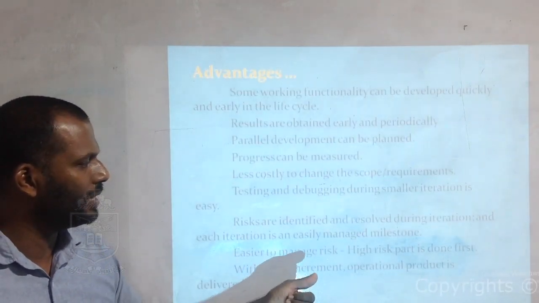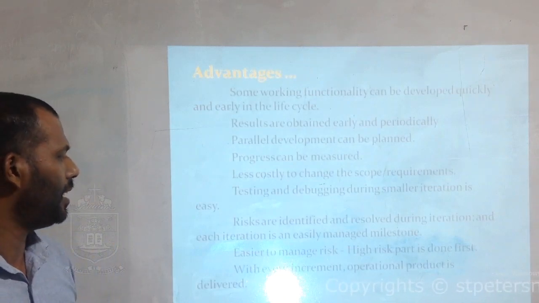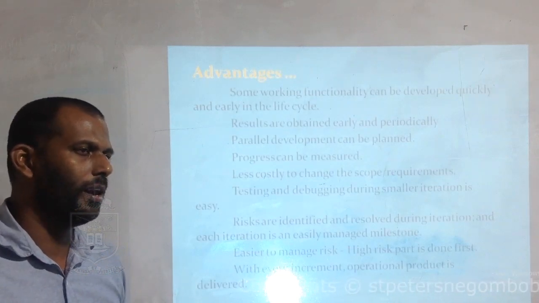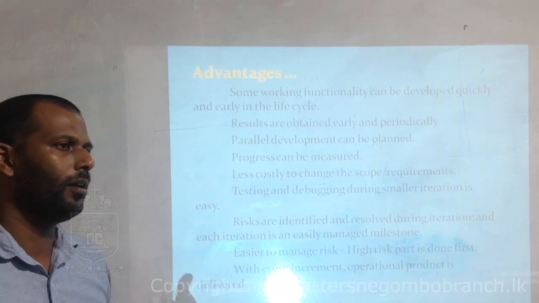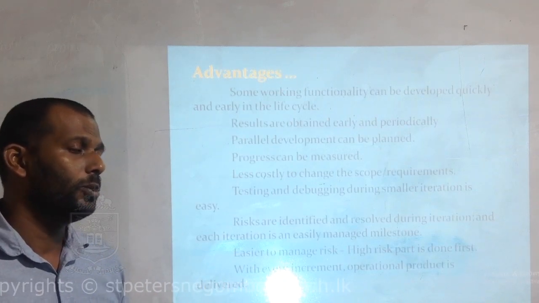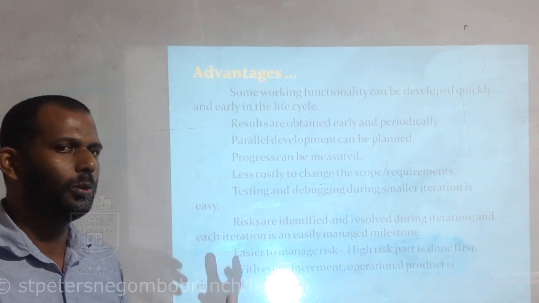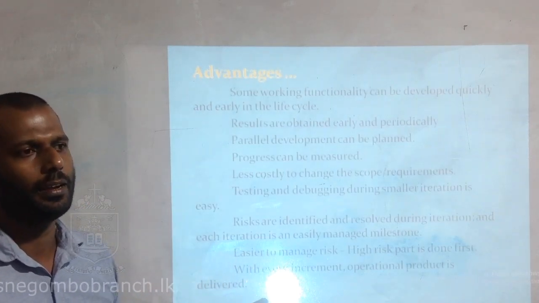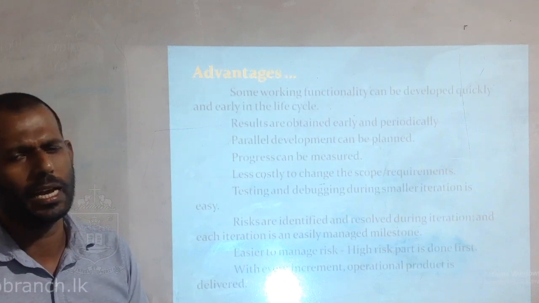High-risk parts are done first in your projects. When you are doing your project, you can identify which part is high risk. You can take it as a part and do it separately. Which area is high risk? Low-risk areas can be done separately.